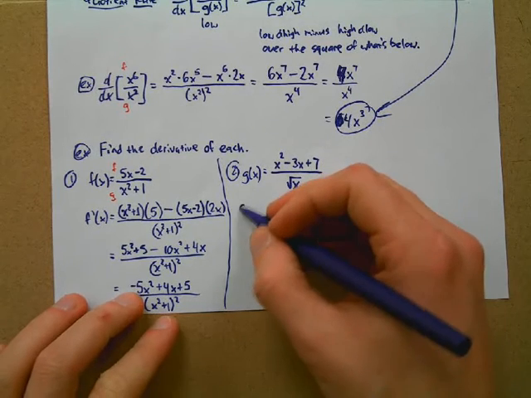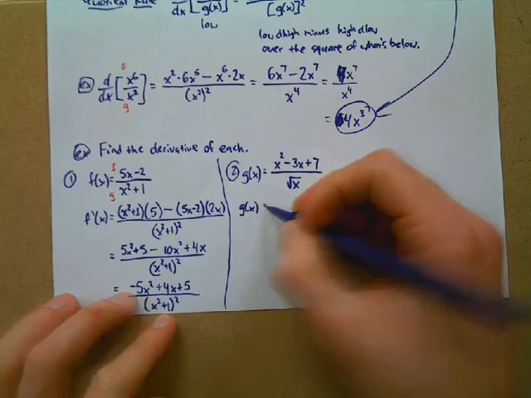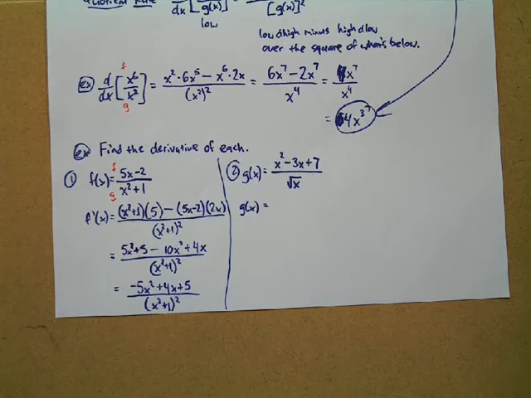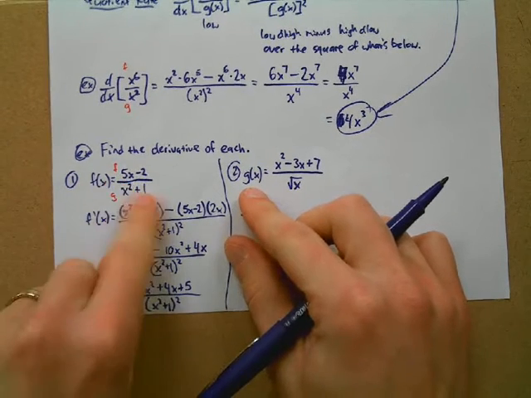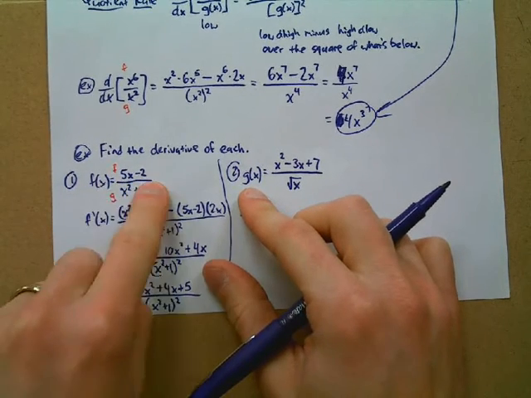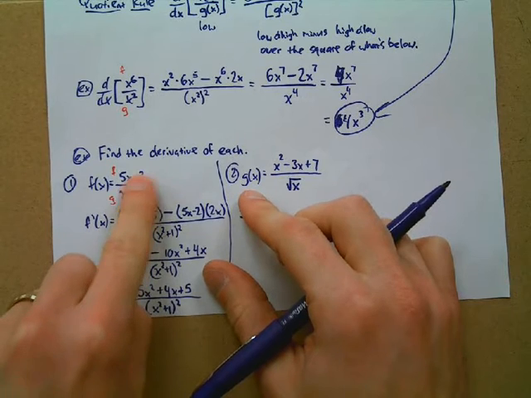Earlier with number 1, I said we could rewrite this thing as 5x over x squared plus 1 minus the 2 over the x squared plus 1. I could break it up into 2 fractions if I wanted to. But that wasn't helpful. We went from 1 quotient rule to 2 quotient rules.